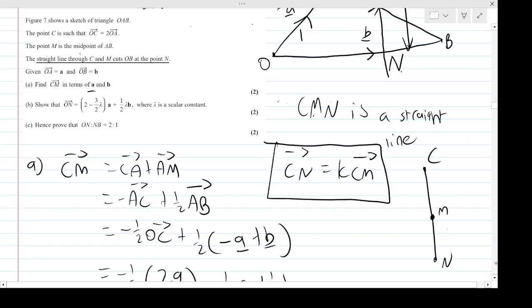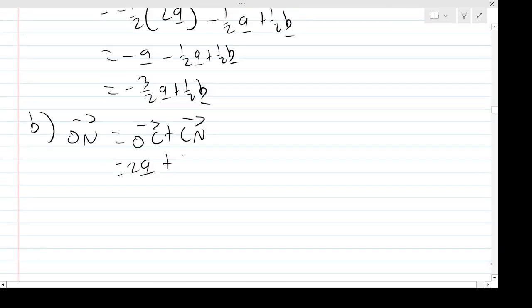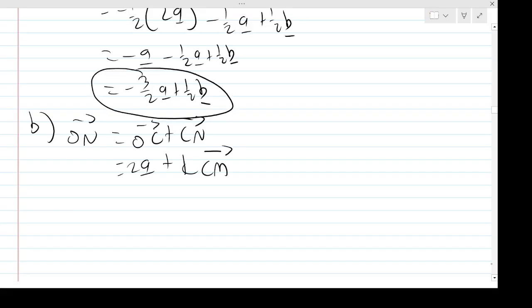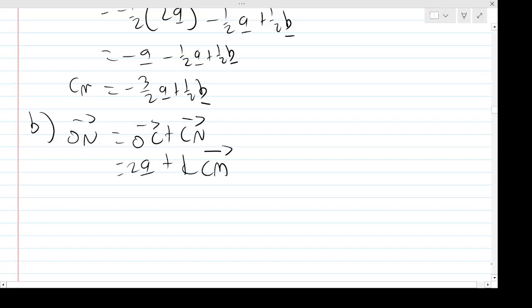Right, so I can substitute that in then. C to N is going to be K lots of C to M. I know what CM is, from part A: it's minus 3 halves of A, add a half of B. So it's going to be 2 lots of A, add K lots of this.